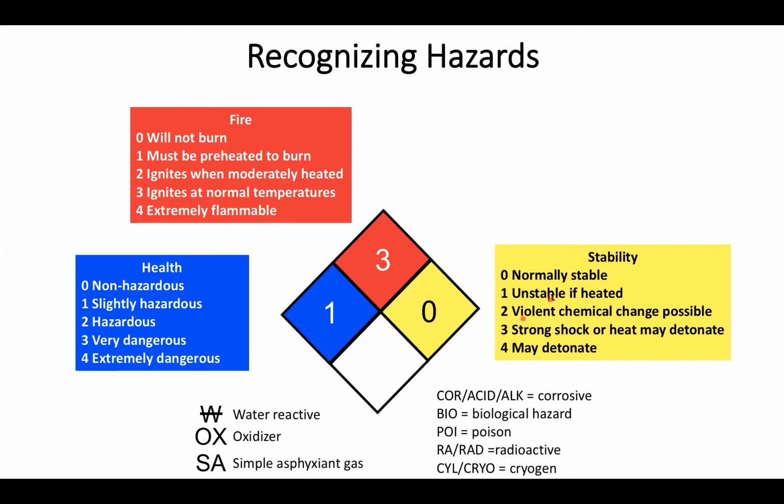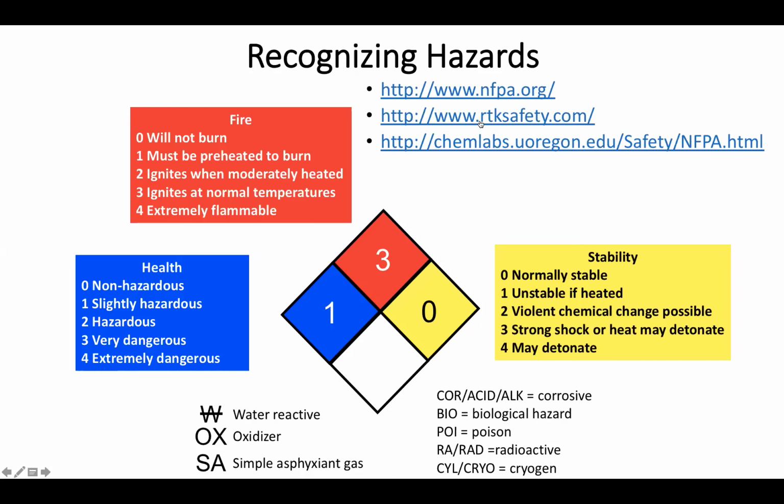So these are things that may start detonating. 3 means that, again, any strong shock or heat may detonate. So do not heat the sample, do not hit it with a hammer, be very cautious. 4, hopefully never work with anything like that. And again, it's worth noting, you can look up most of your NFPA diamonds for relevant chemical species at any number of sites. I provided several available resources for you here.